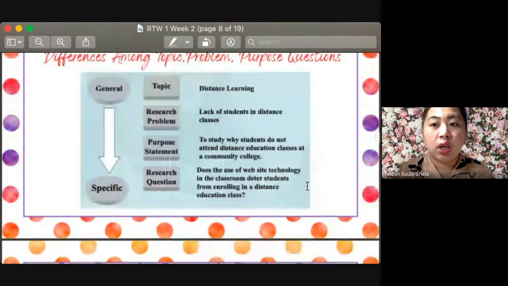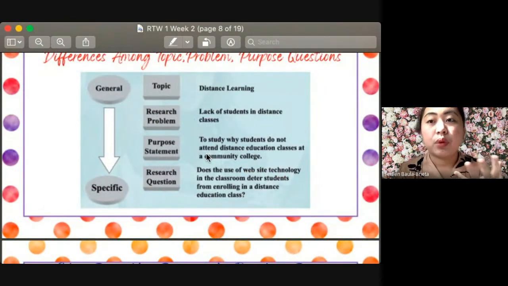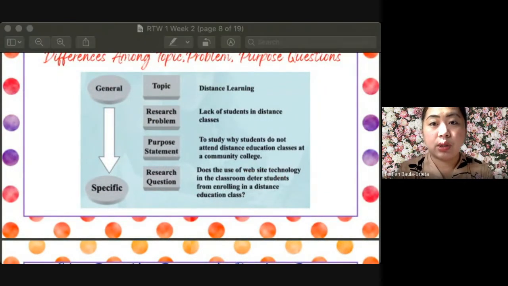So from that, you can state it as to study why students do not attend distance education classes at a community college. So that is your intention. From the topic leading to the research problem formulation, now you have the purpose statement.